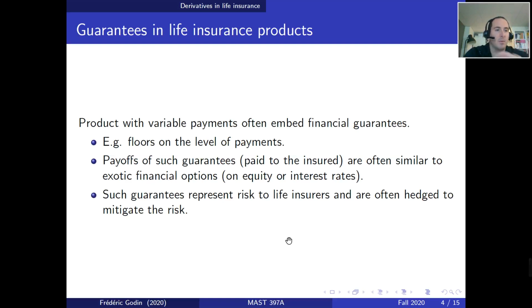We'll discuss that shortly, but depending on the prevailing financial situation, the payoffs from guarantees might be higher than in some other circumstances. So these represent risk to insurers, and they also must be hedged in practice. Insurers use hedging techniques to protect themselves against the payoff of the guarantees, which are in fact implicitly options.